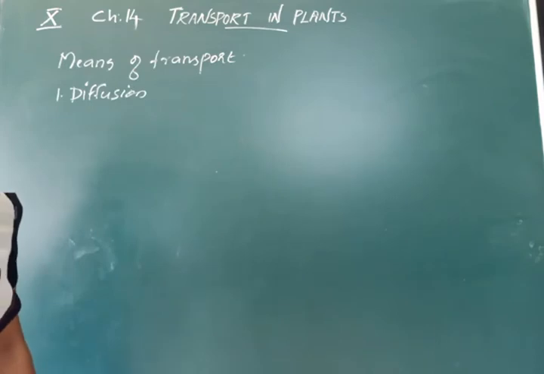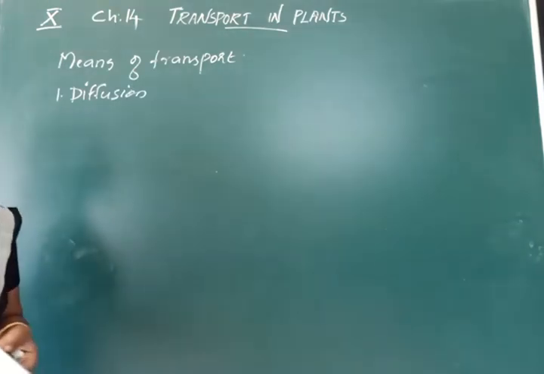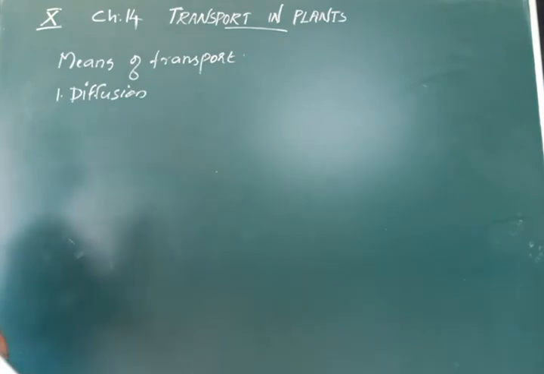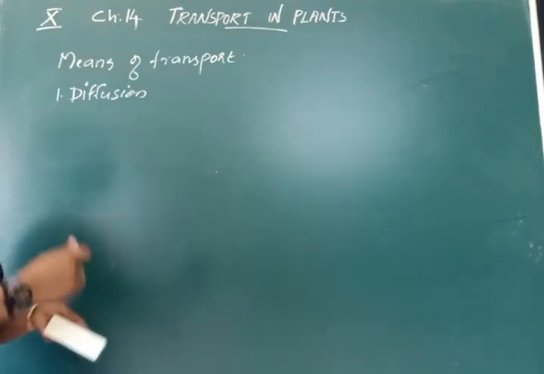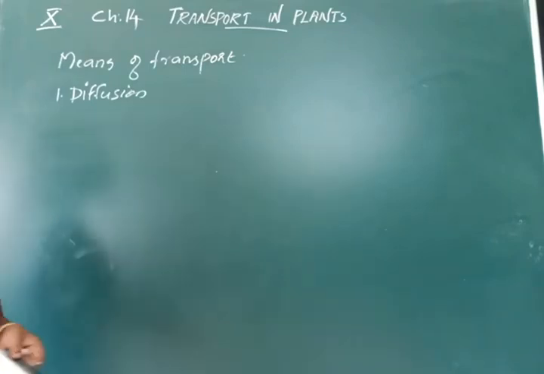So what is diffusion? Diffusion is the movement of solid, liquid or gaseous materials from a region of higher concentration to a region of lower concentration without the help of energy.